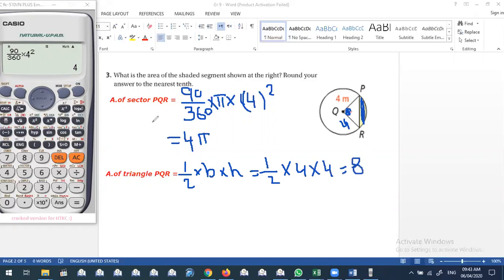Now we have the area of the sector and the area of the triangle. So to find the area of the segment, make minus. Area of segment PQR equals the area of the sector, which is 4 pi, minus 8.